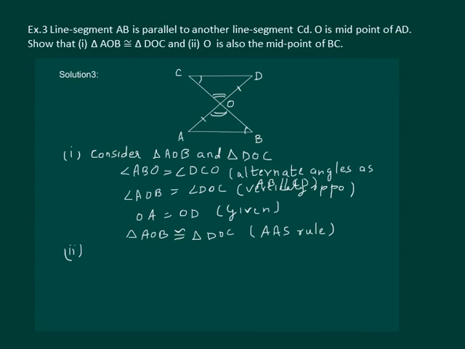So OB is equal to OC by CPCT, and so O is the midpoint of BC.